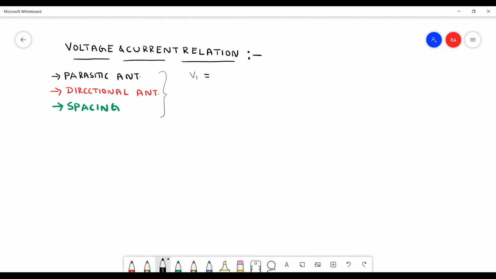So V1 equals I1 Z11 plus I2 Z12 plus I3 Z13 plus so on up to IN Z1N.